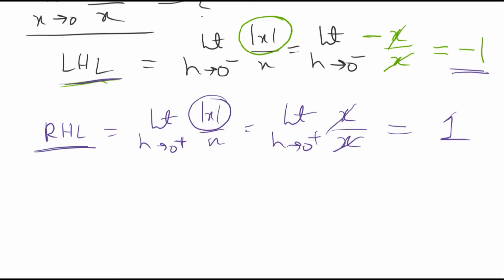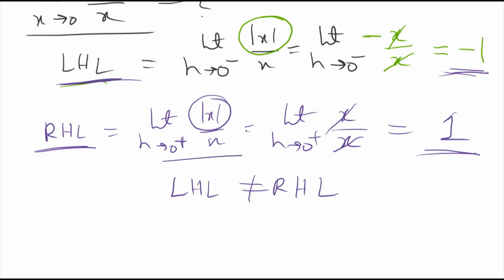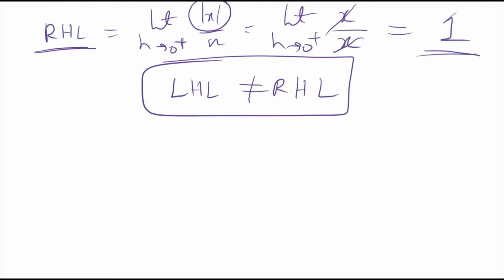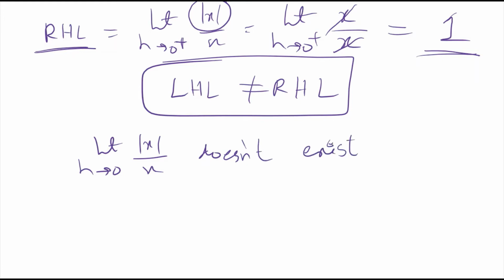My right hand limit is approaching 1 and my left hand limit is minus 1. LHL is not equal to RHL. So for this, the limit doesn't exist. Limit of mod x by x as x tends to 0 does not exist, whatever values we take.